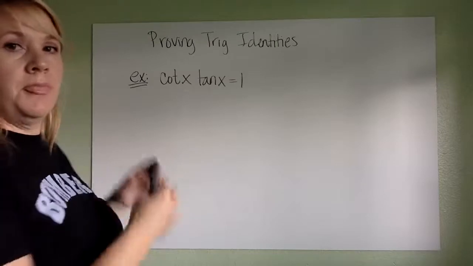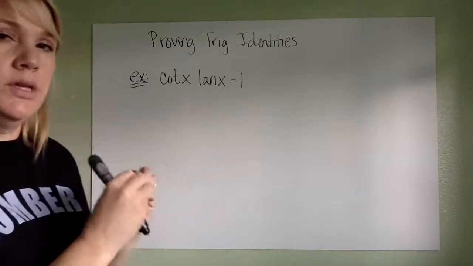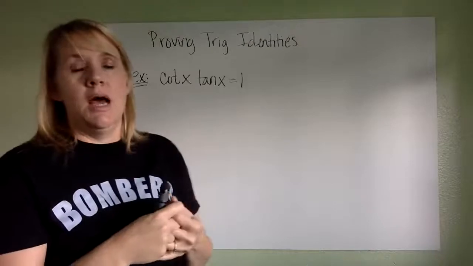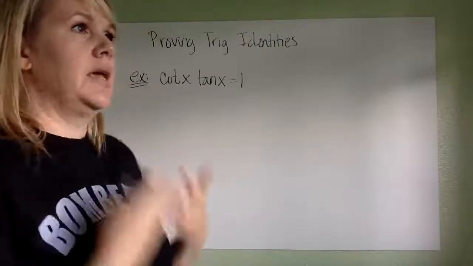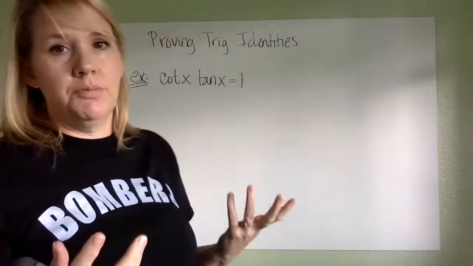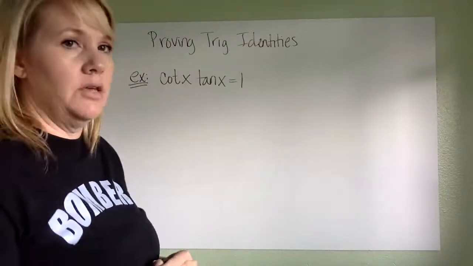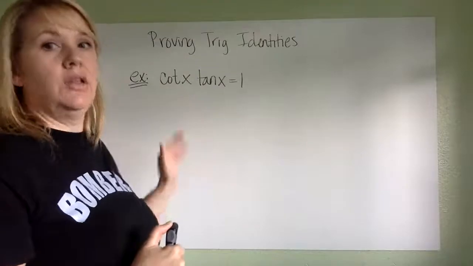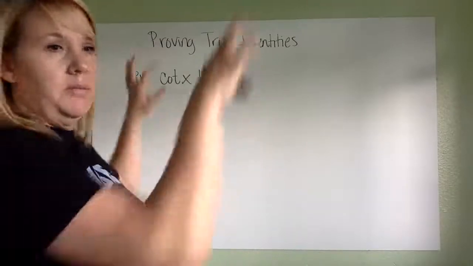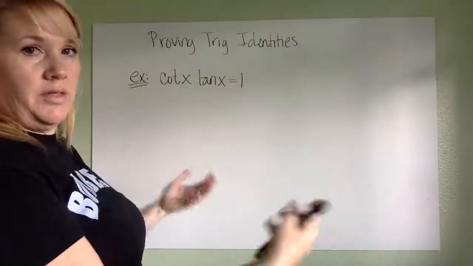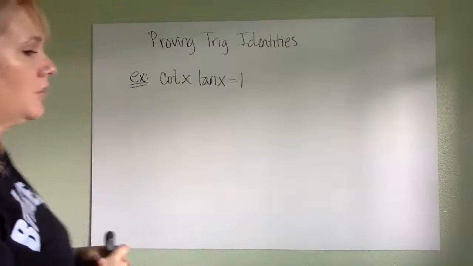It's not an equation, so you don't want to do things like add to both sides or multiply both sides. Your job is to figure out how to make this side look like that side, or you can change both of them so that they're the same. We'll talk about something like that as well.